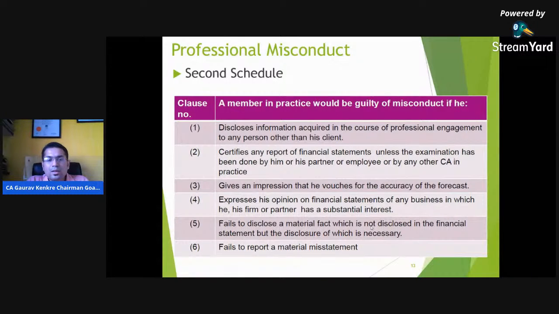Again, fails to report a material misstatement. So if you know something is very wrong, and you have not pointed it out, then of course it will be a professional misconduct. So here documentation will come to your rescue, because it is practically impossible for any professional, any CA, to find out each and every gap or each and every issue in a financial statement.